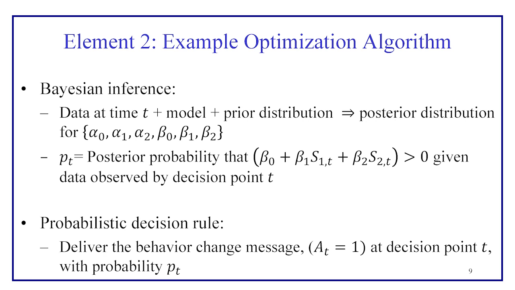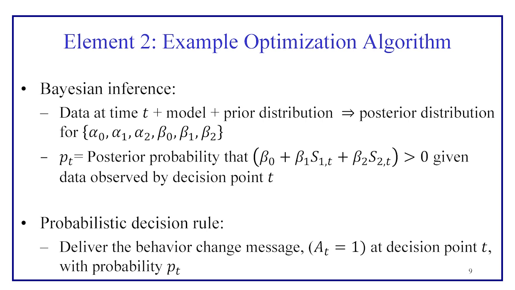It gives you a posterior probability that it's effective to send a message in that current setting, with these values of time of day and whether or not they've been using cannabis in the prior 12 hours. You calculate that posterior probability, P_t, and then the algorithm delivers the behavior change message.